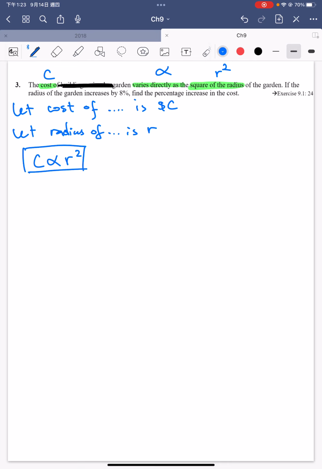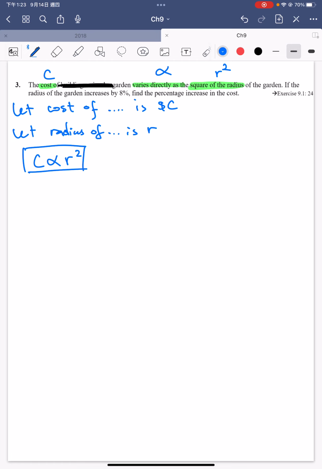How can we write the square of the radius? If we let the radius be r, then the square of the radius is r squared. So now we have our first condition, which is C is proportional to r squared.